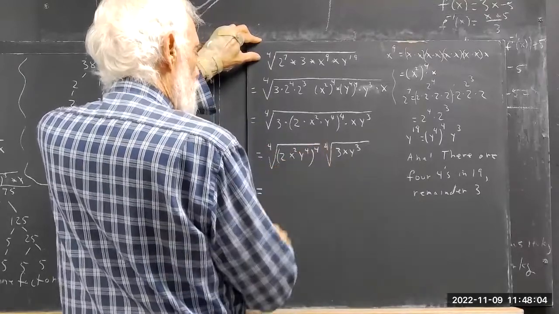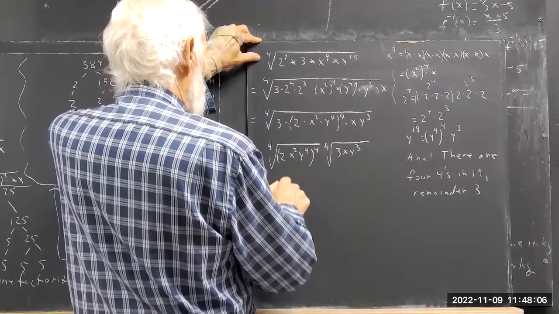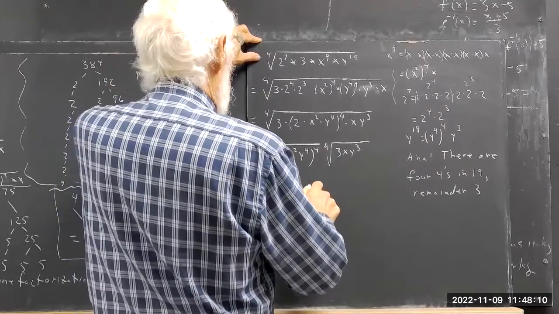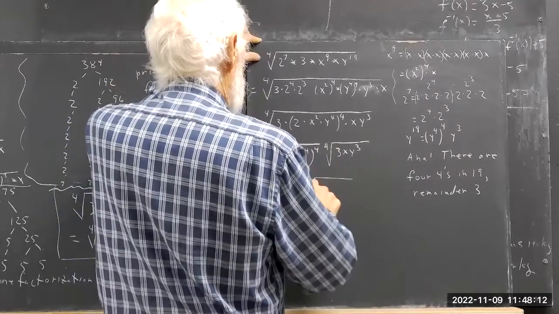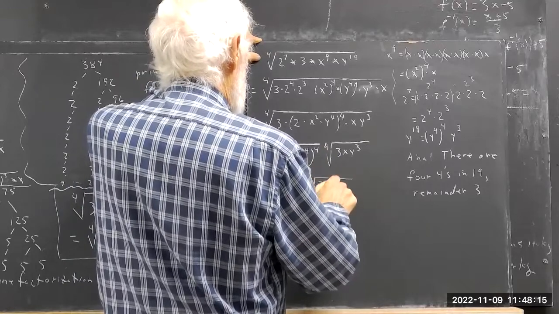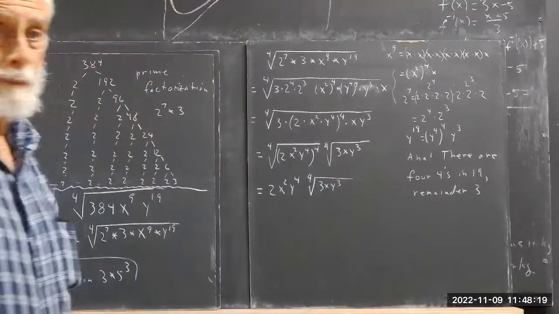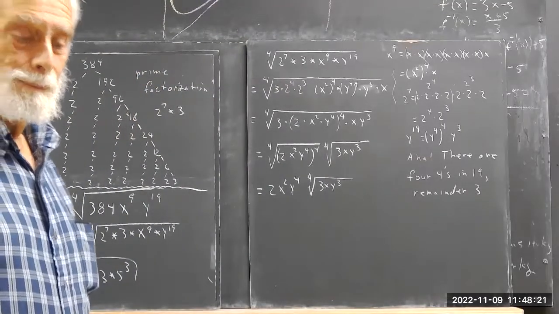The fourth root of the fourth power is just whatever's in there, and that's just 2x squared y to the fourth. This doesn't simplify anymore. There's 3xy cubed. Anyway.